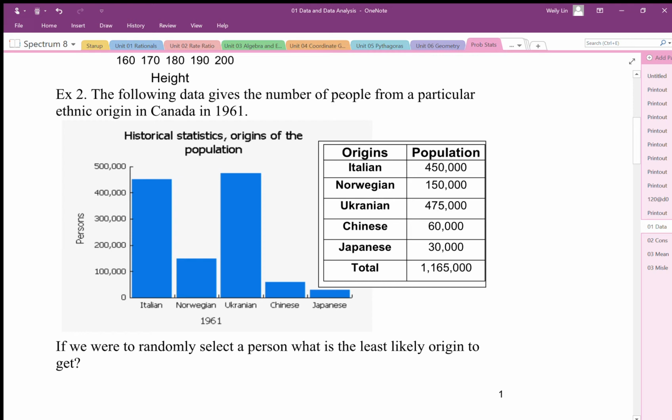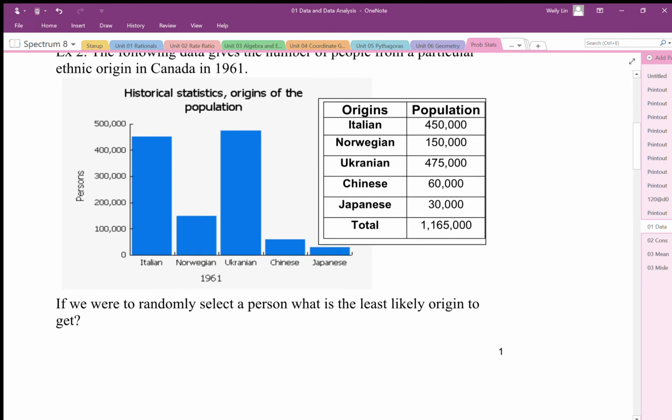So if we look at it, we can see right away, just visually, that Japanese origin are very small, whereas Italian and Ukrainian are quite large. Okay, so if we were to just randomly select a person from this population, what is the least likely origin that we should get?